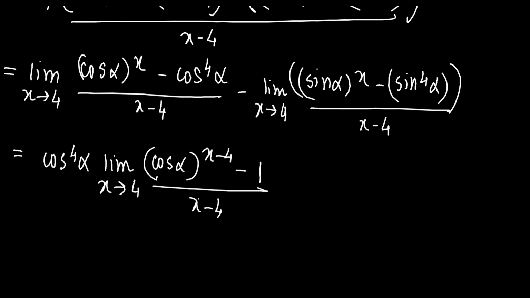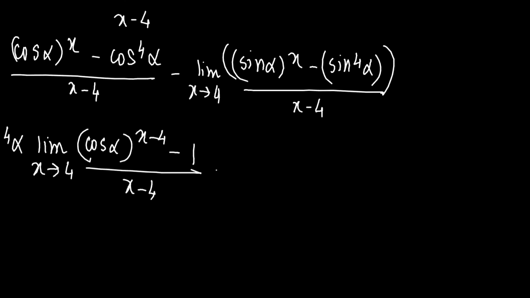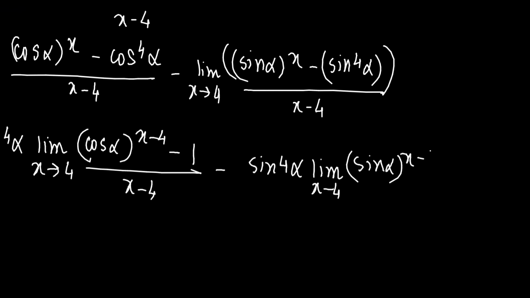I have taken cos 4 alpha from here, and if we just multiply it back we get the same as this one. In the second case we will also do the same: we will take sin 4 alpha common into limit x tends to 4, sin alpha to the power x minus 4 minus 1, by x minus 4.